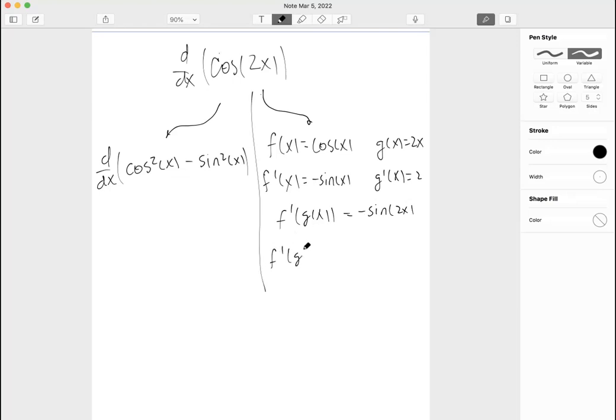And f prime of g times g prime, which is our derivative, is negative 2 sine of 2x. Now doing this the other way would take a lot longer, right? Doing the product rule and everything. It can be done, but it would just take a lot longer.